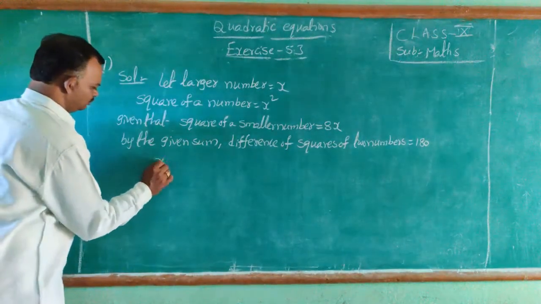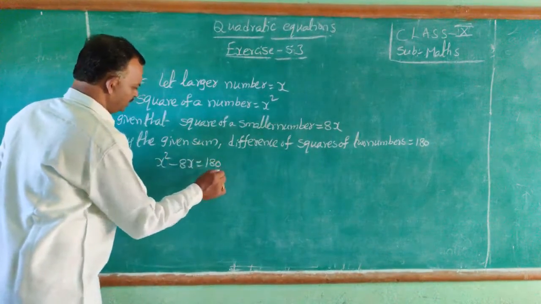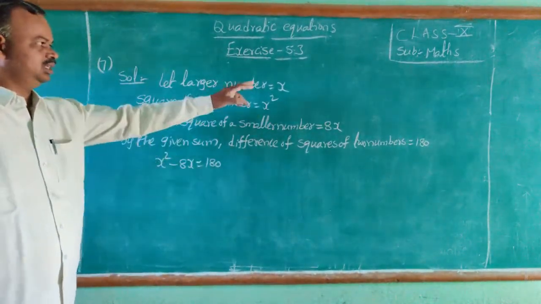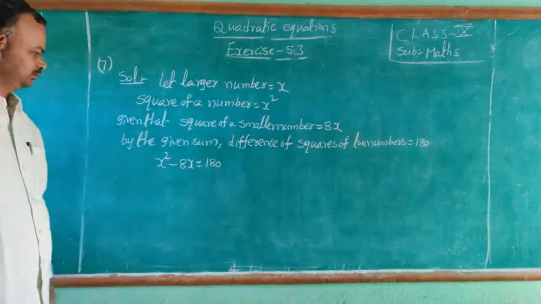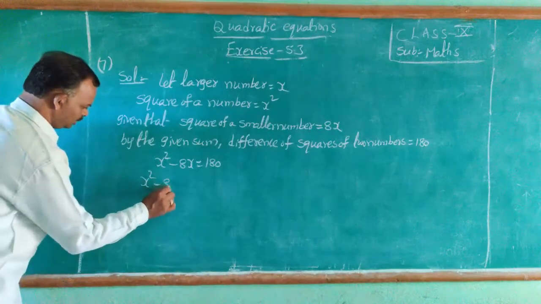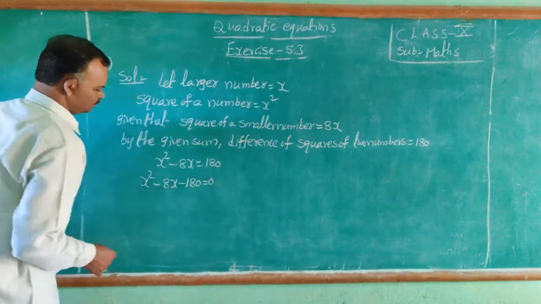That means x square minus 8x is equal to 180. Now I transpose 180. X square minus 8x minus 180 is equal to 0.